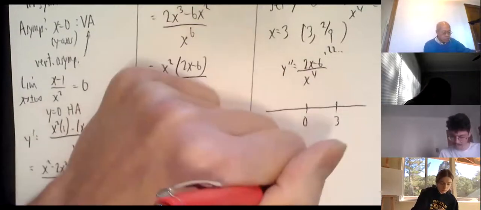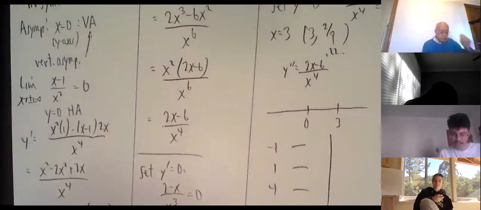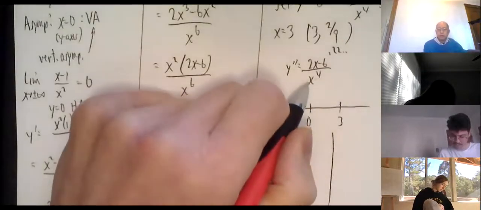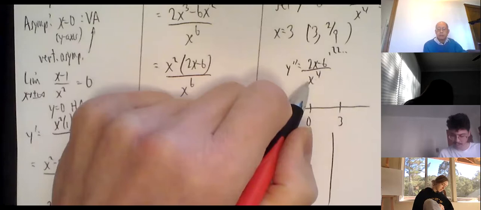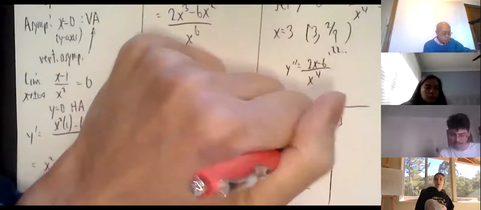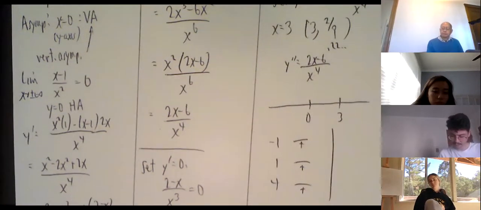Fraction bar, fraction bar, fraction bar. Okay. Now take a look at this. What do we know about x to the 4th? Always positive, unless you plug in 0, and we're not plugging in 0. So positive, positive, positive. That's for the denominator.